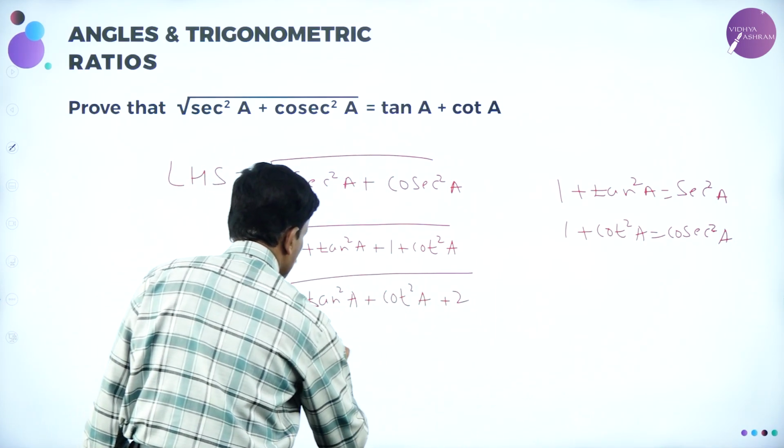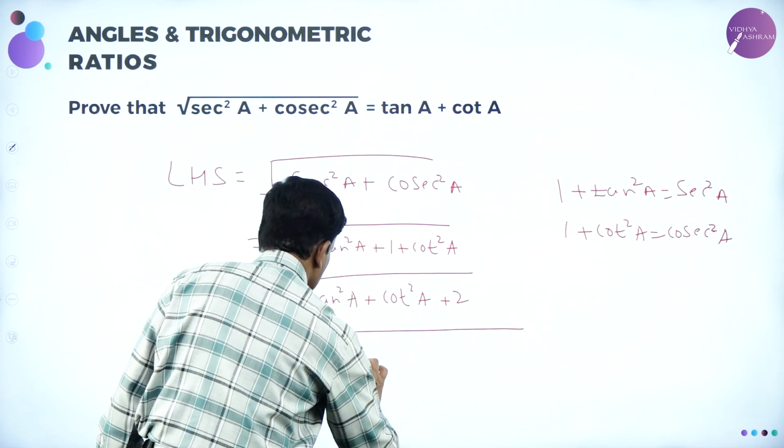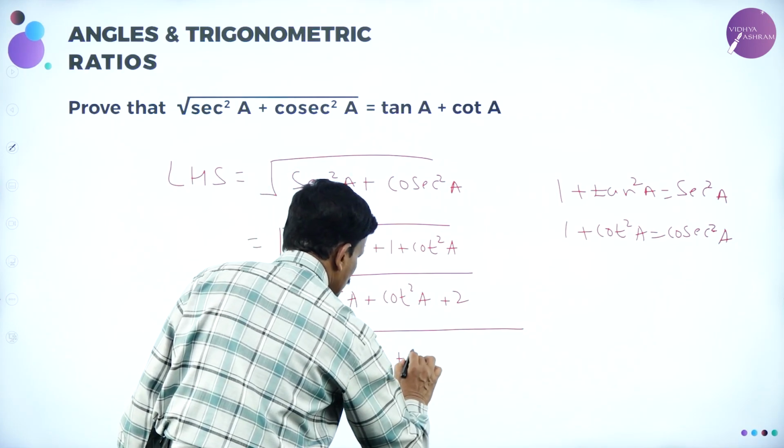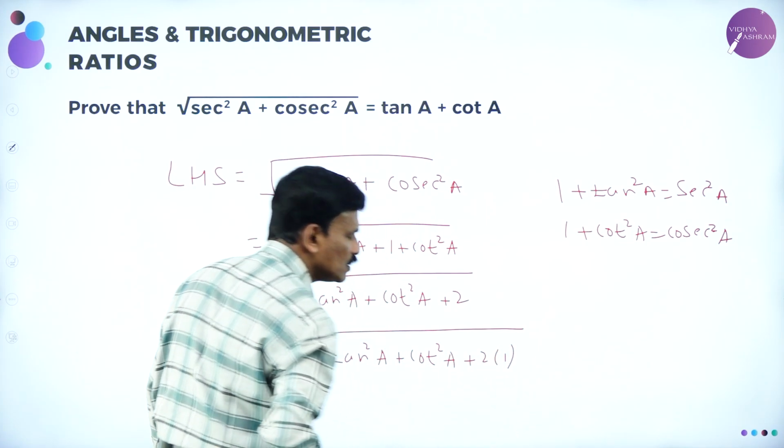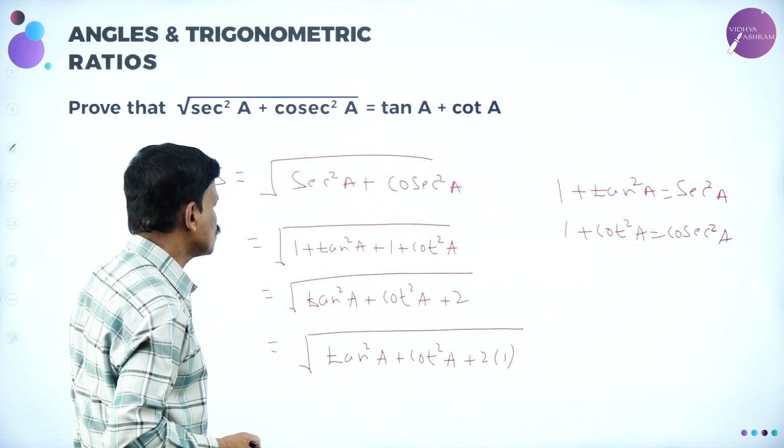This can also be written as square root of tan square A plus cot square A plus 2 into 1. So 2 into 1 is equal to 2.